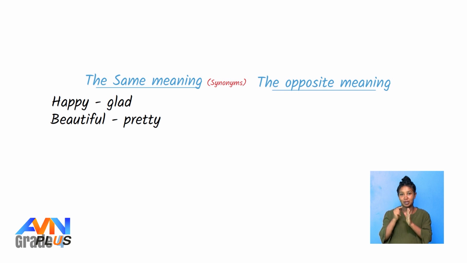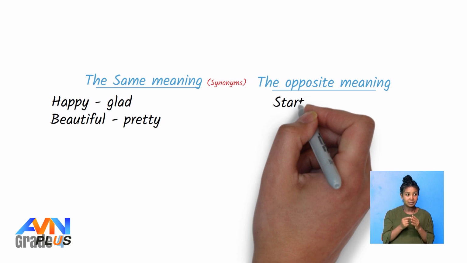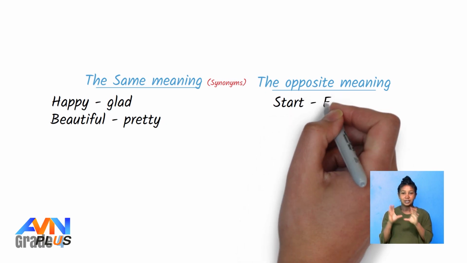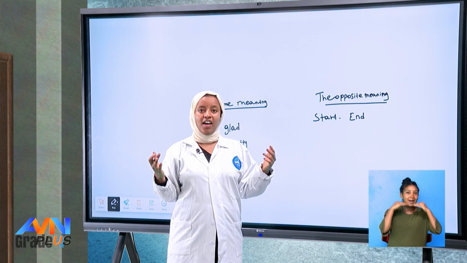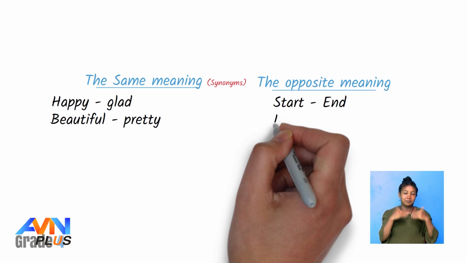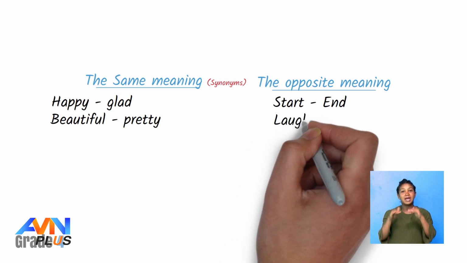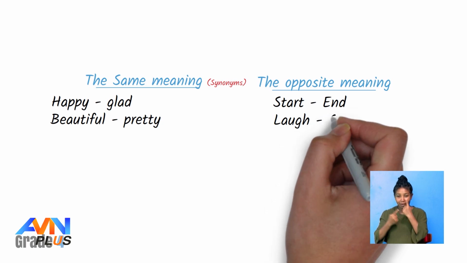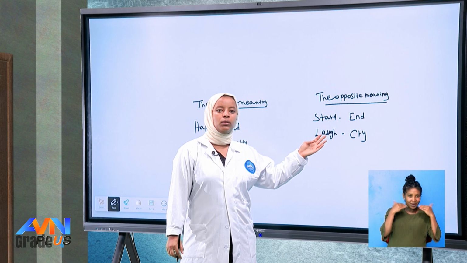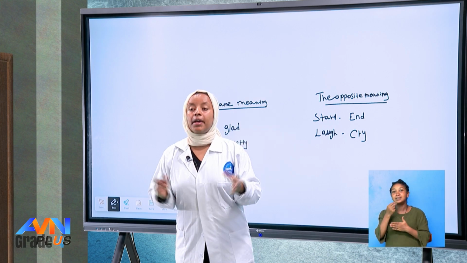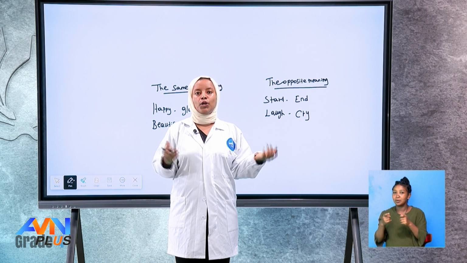For example, start, end. Let us say laugh, she's laughing. And here is cry. Laugh, cry. These are examples of synonym and antonym, the same meaning and the opposite meaning.